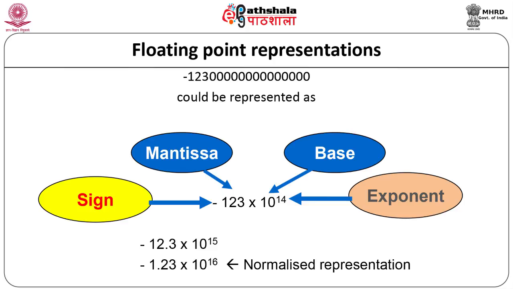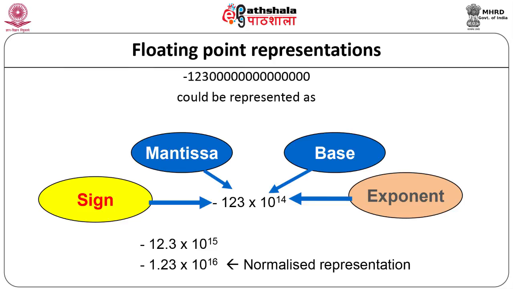So, let us consider a large number minus 123 and 14 zeros can be represented as minus 123 into 10 raised to 14. Here we have 4 parts: sign, mantissa, the base and the exponent. 123 is called the mantissa, 14 is the exponent, which is the number of places to move the decimal point.